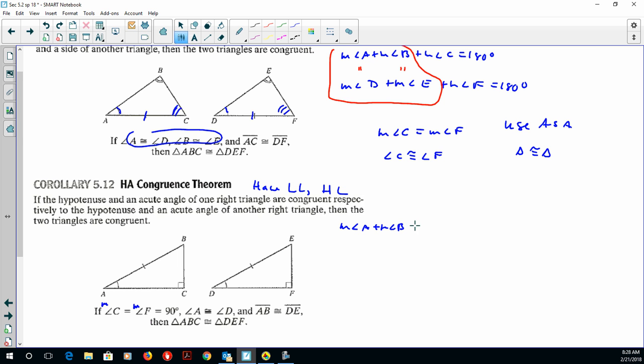Okay, that needs to be stated. That hasn't been said yet. The two acute angles in a right triangle have to add up to 90 degrees. These two are complementary. Also, the measure of angle D plus the measure of angle E is 90 degrees.